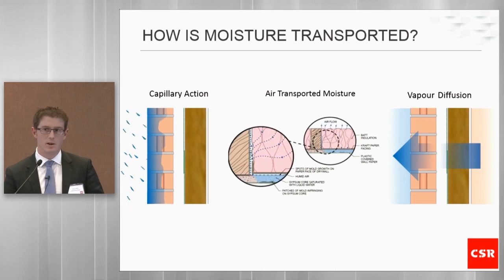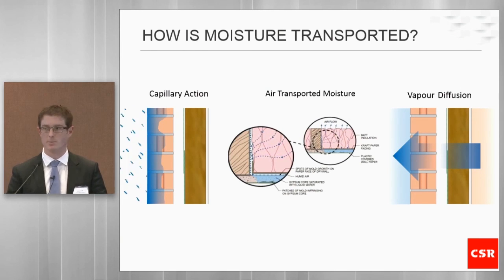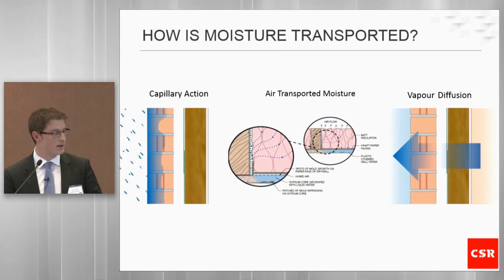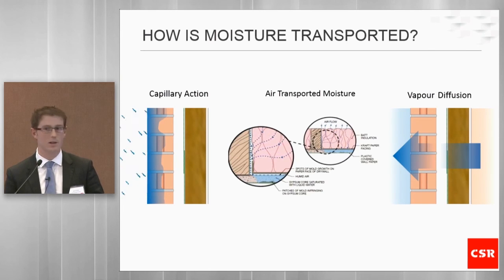So in order to design buildings that are robust from a moisture perspective, we need to understand how moisture actually transports throughout the building envelope and through the construction systems. And there's three main ways which moisture moves. There's capillary action, which is liquid water transfer through porous building materials.